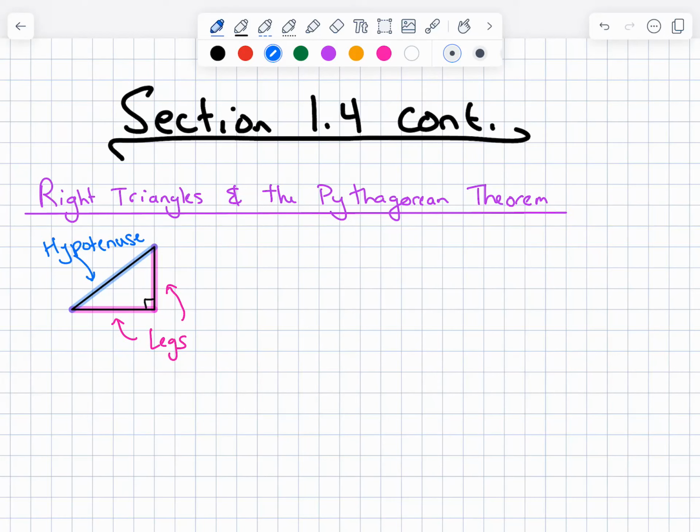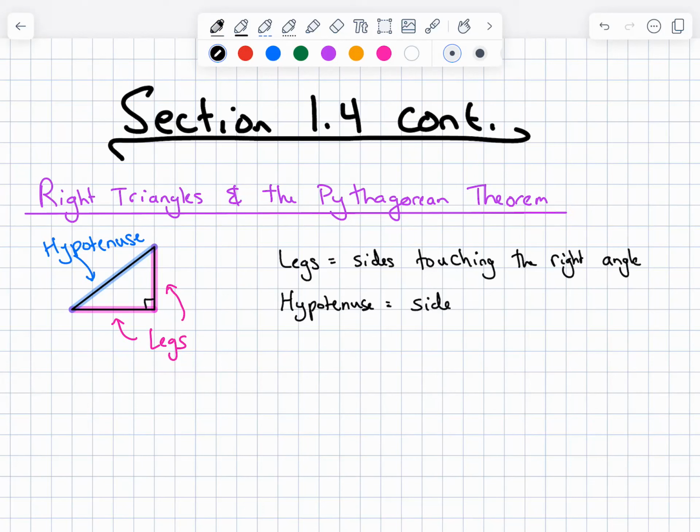But the legs and the hypotenuse. The hypotenuse is always the longest side and the other two are the legs. Another way to think about it is that the legs are the sides touching the right angle, and the hypotenuse is the side opposite the right angle.